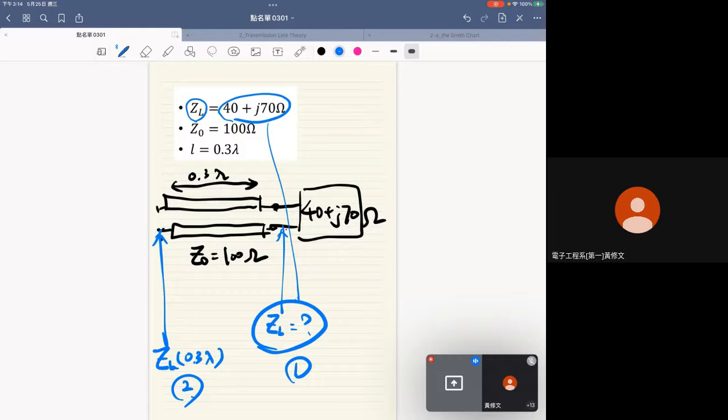Please use your compass. Use your compass to make a circle. Every one of you needs to use a compass.